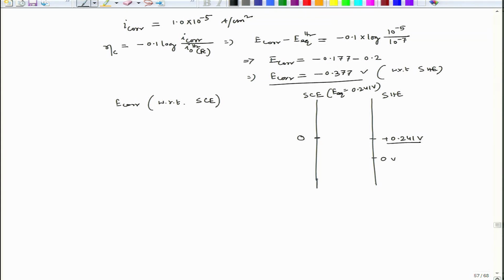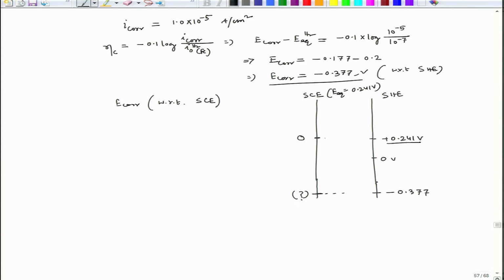Now, this potential is with reference to the standard hydrogen electrode, and it is minus 0.377 volt. This is the potential we have to measure.